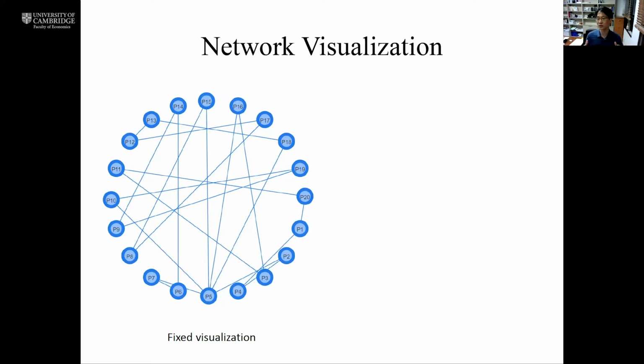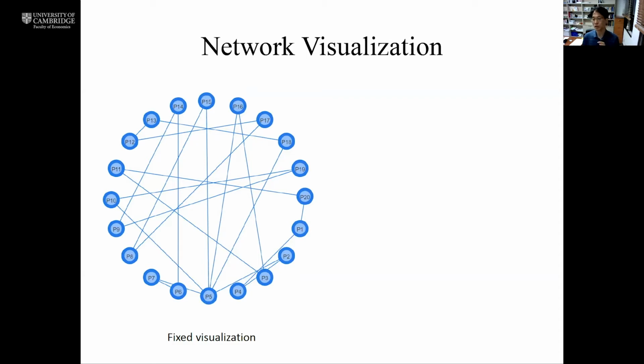This is the typical way of presenting networks. But as you can see, if the group size increases, even with these 20 people, when people are forming links and the networks evolve, sometimes it is very difficult to understand the exact structure of the network, as you can see here.